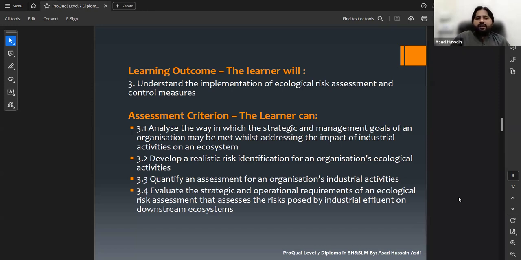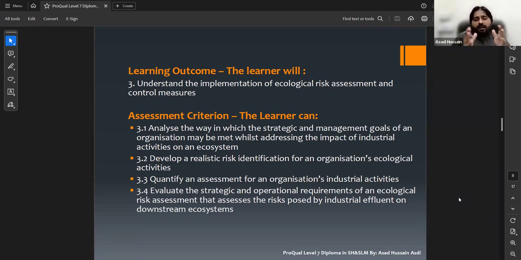Then 3.4, evaluate the strategic and operational requirements of an ecological risk assessment that assesses the risk posed by industrial effluent on downstream ecosystems. It's all about, again, the ecosystem. So basically, it is saying that you should be able to evaluate the strategic and operational requirements for ecological risk assessment.